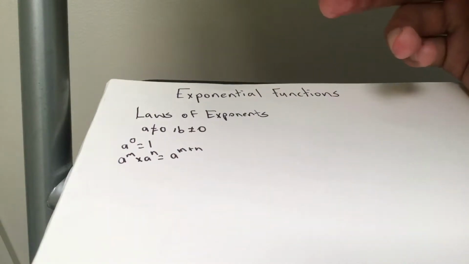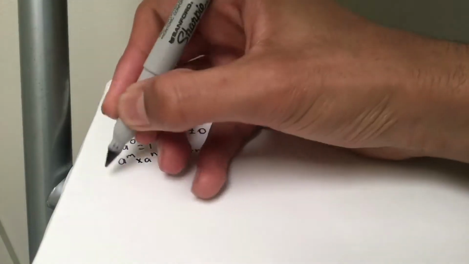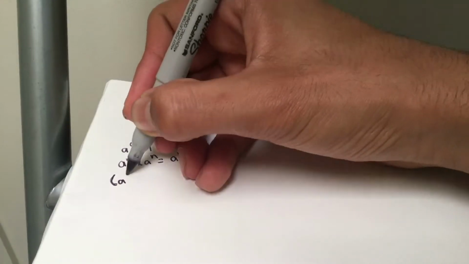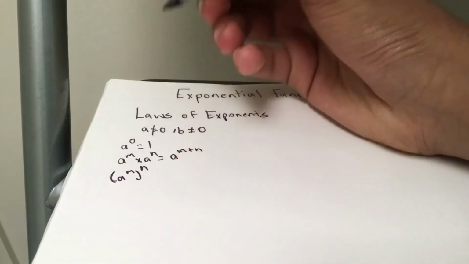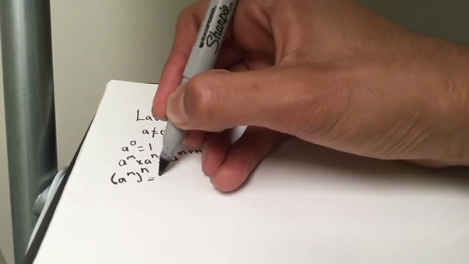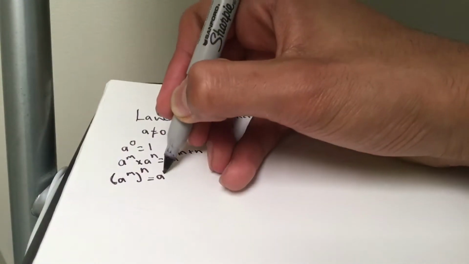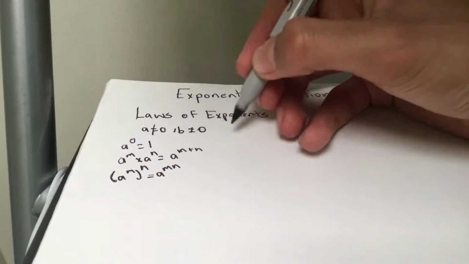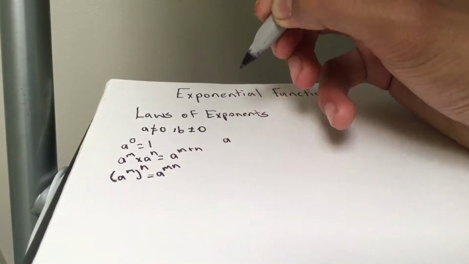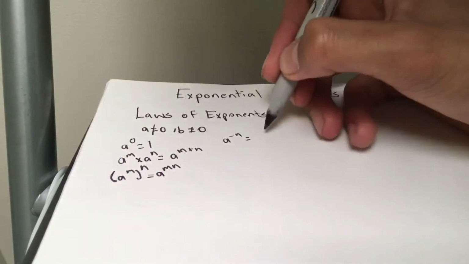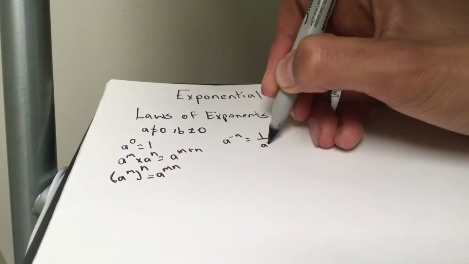Okay, so our next law or rule, (A^m)^n, which would equal A^(mn). Okay, our next rule is A to the power of minus n, which is equal to 1 over A^n.